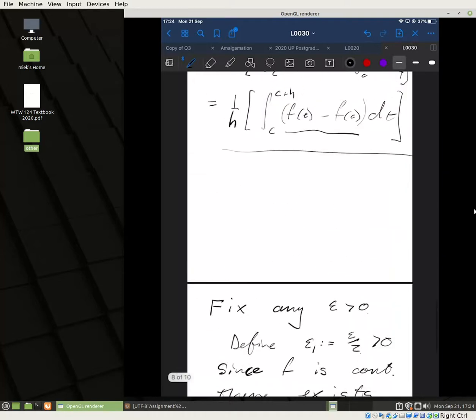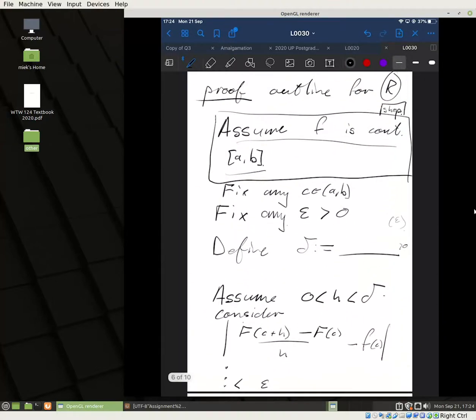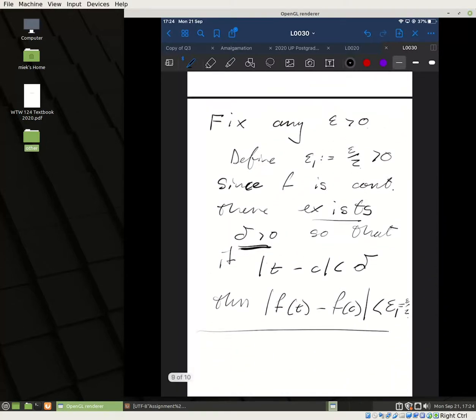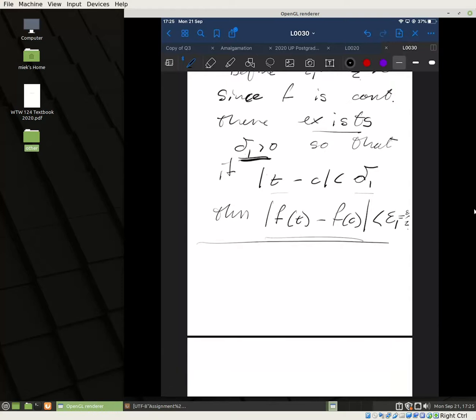So remember, in our outline we had to somehow construct this delta. In fact, I'm going to keep that delta there and call this delta something different. So let's call it delta 1. There exists a delta 1, so that if this expression is less than delta 1, then this expression is less than epsilon over 2.